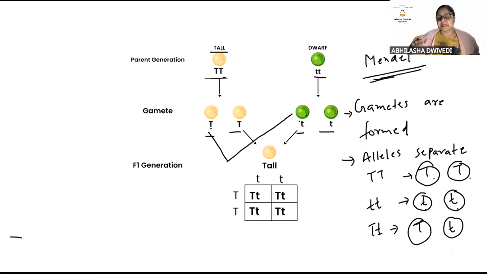It's not that the dominant will mix with only dominant. It will mix with dominant and recessive. So there is no kind of segregation here, no exclusiveness here. The dominant trait will mix with dominant as well as the recessive. And this is called the cross, and it follows the law of independent assortment.